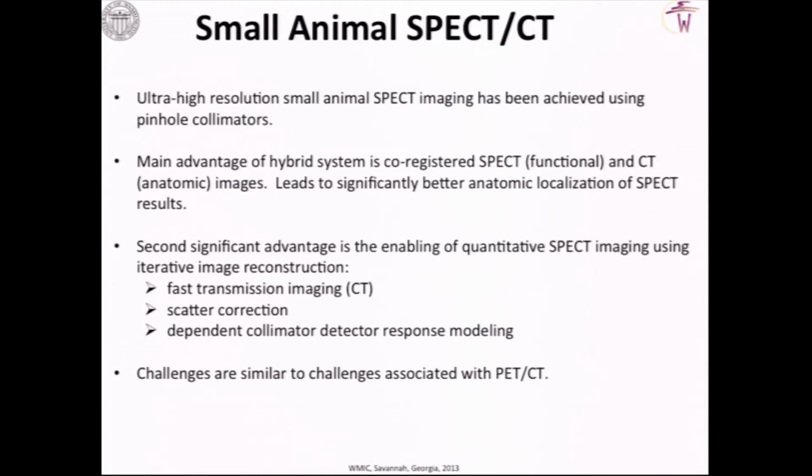Those pinhole collimators have a limited depth of imaging field of view, so they're not practical for human whole body imaging, but for mice, they work fantastic. So you can get very high spatial resolution. The big advantage is that you get co-registered functional and anatomic information, and you can again do quantitative imaging.